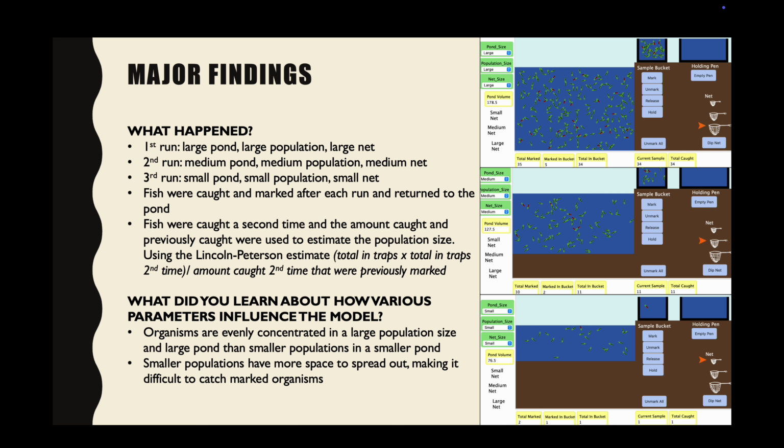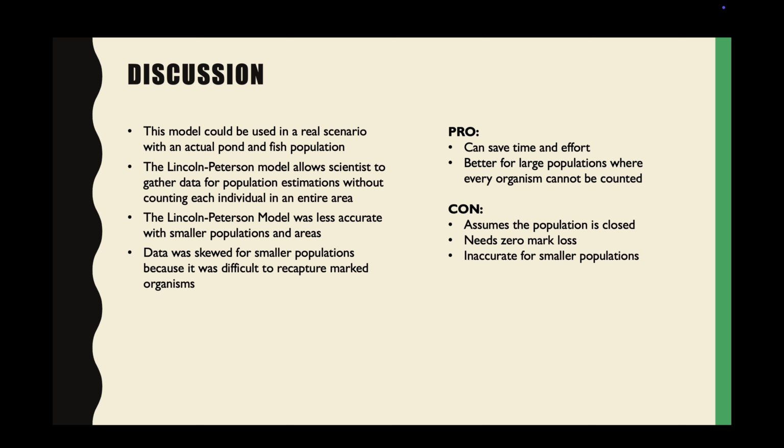In this model, the organisms seem to be very evenly concentrated in large population sizes and in a large pond compared to a smaller pond with a small population size. It seemed that the smaller population was more spread out and dispersed, making it difficult to catch and mark organisms and then recatch them.